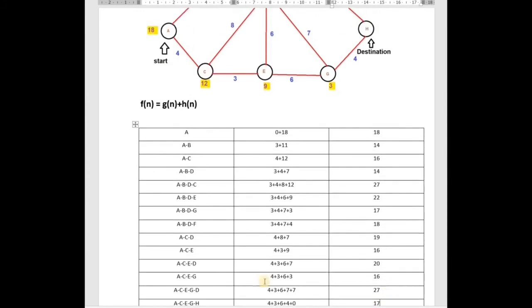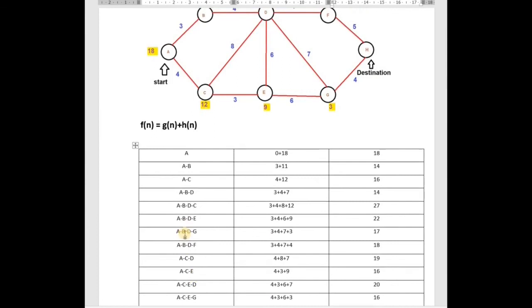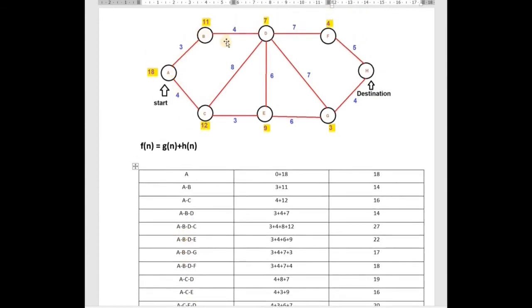If you calculate A, B, D, then F to H, what value do you get? 7 plus 7, that is 14, plus 5. So it is greater than 17.